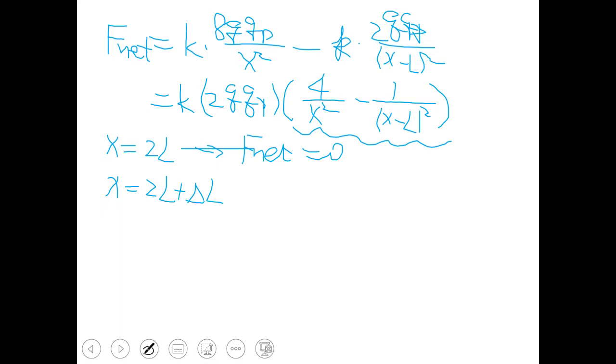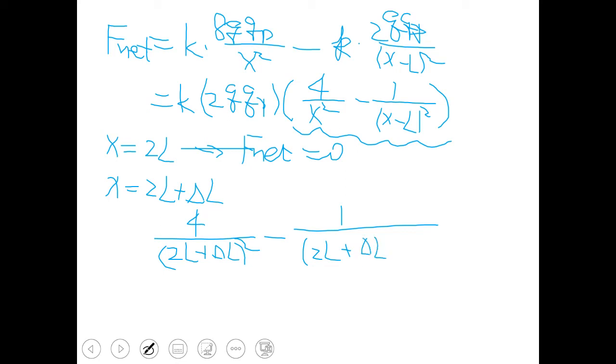It will be something like 4 over 2L plus delta L squared minus 1 over 2L plus delta L minus L squared.